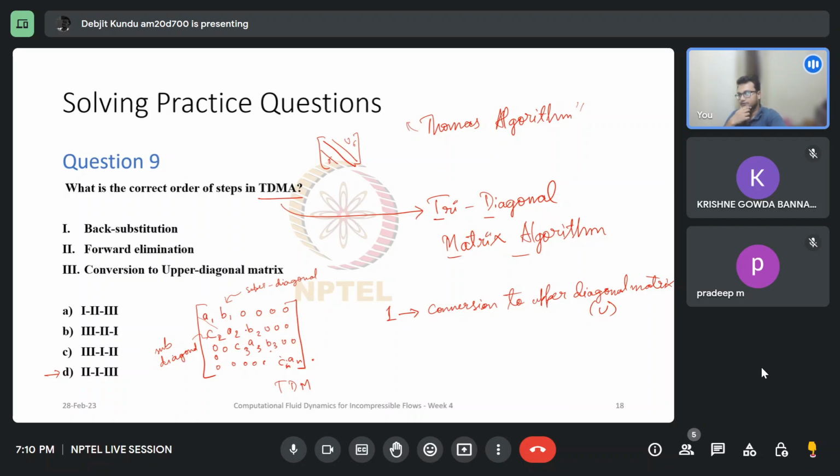So what we do is we take each row and then divide it by the appropriate value or subtract appropriate values from it, so that all these C's disappear.